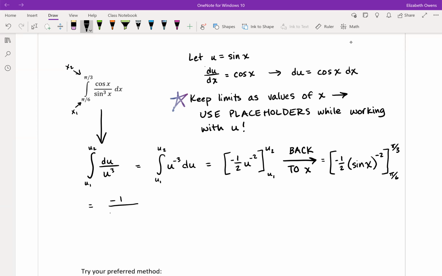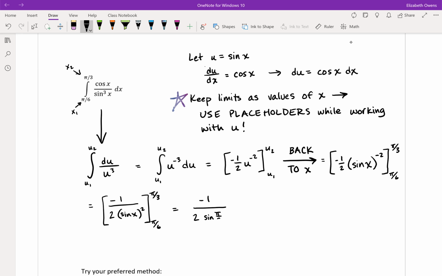So we'll put what we've got here. I'm going to, again, get rid of the negative exponents by slipping that sine x squared down into the denominator. And then you're going to plug in your limits of integration so that we can evaluate this.